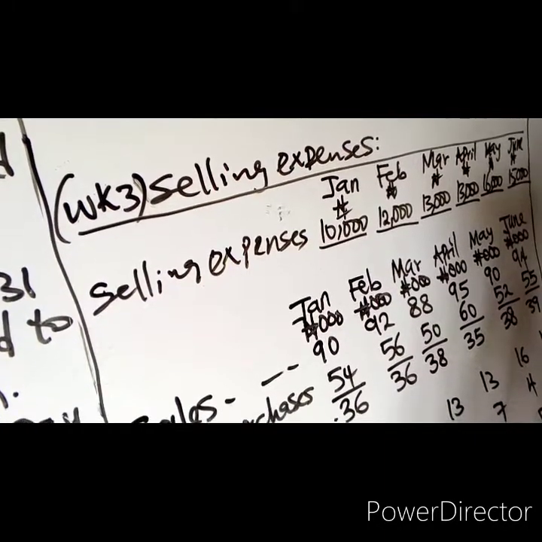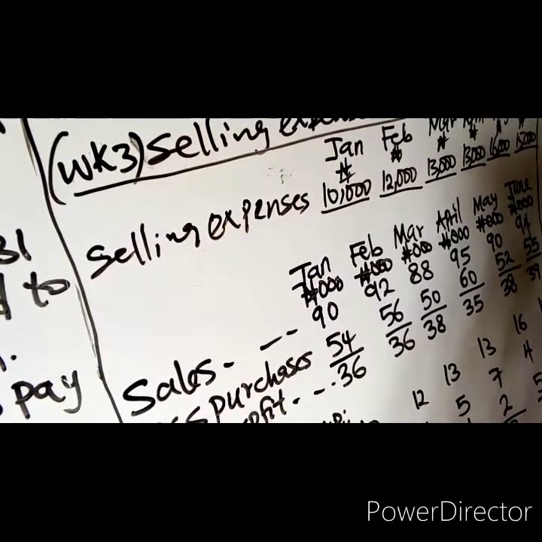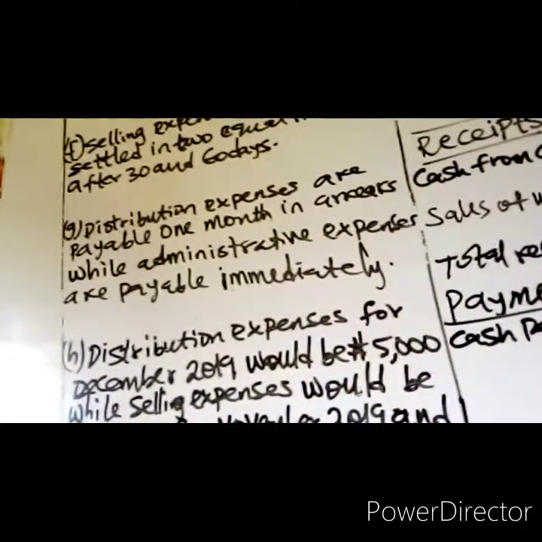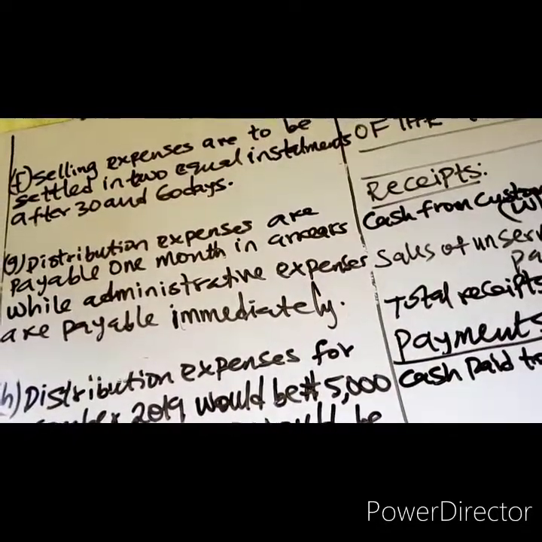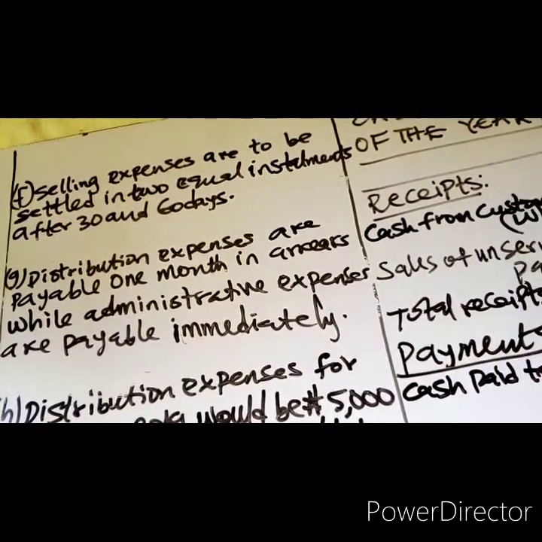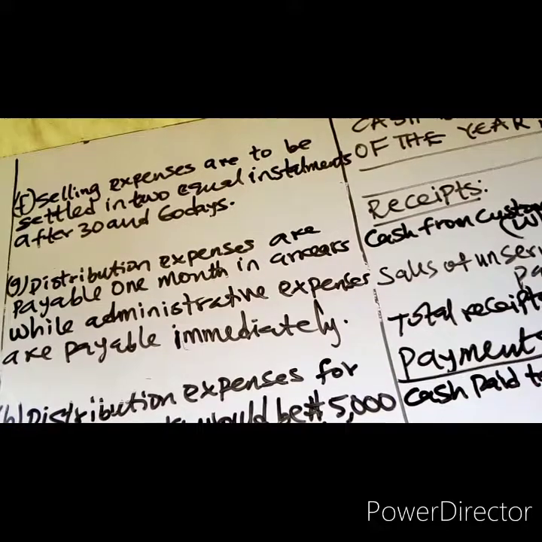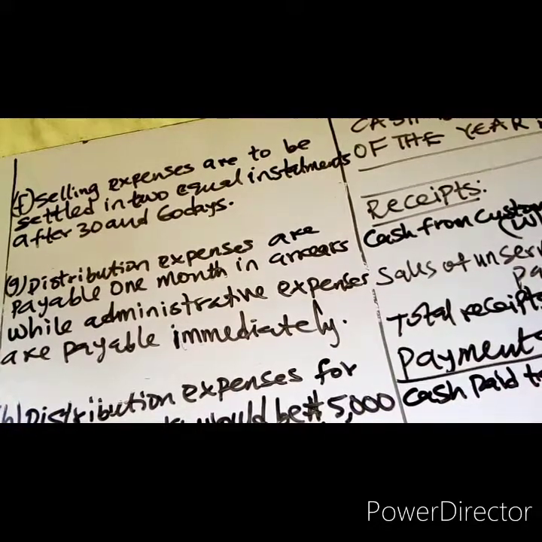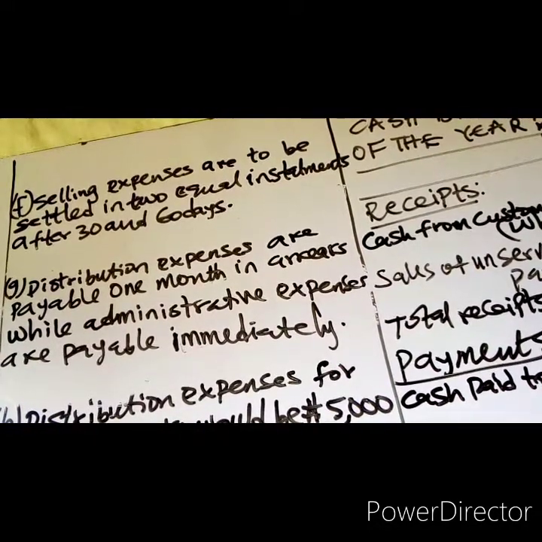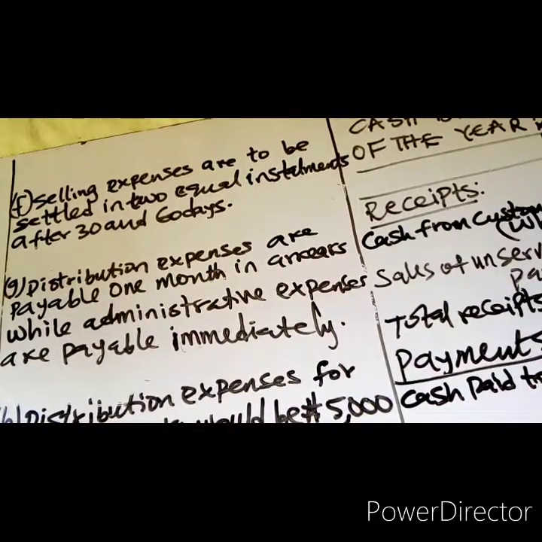And you have been told from note F that selling expenses are to be settled in 2 equal installments after 30 days and 60 days.